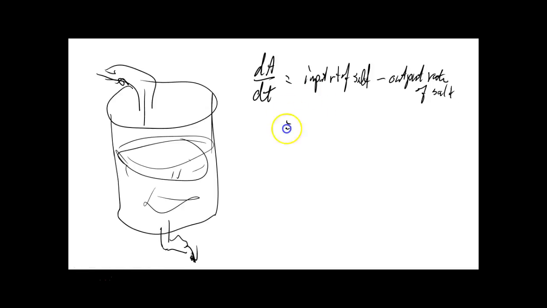So that would be R in minus R out. Now, they go through some samples of putting in some values there of calculating the rate in.